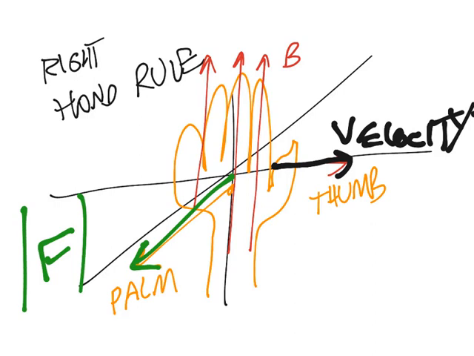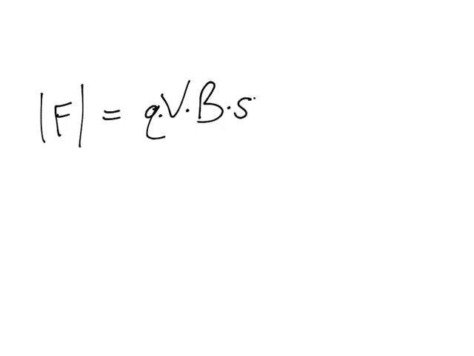This gives you the magnitude of force. The equation for the magnitude of the force is as follows: F is equal to Q, V, B, just regularly multiplying, but times sine theta. This gives you the force on a charged particle moving through a magnetic field with a velocity v.